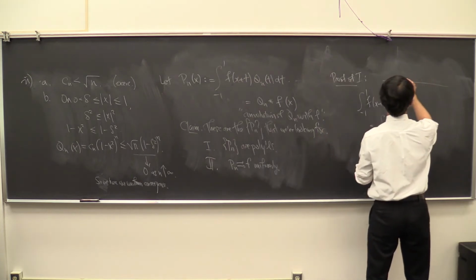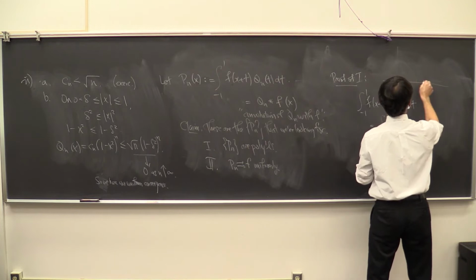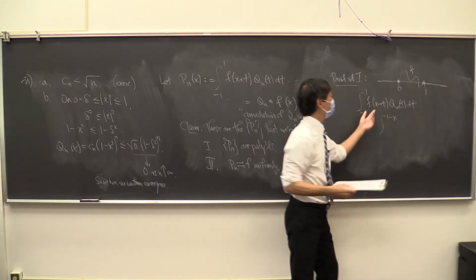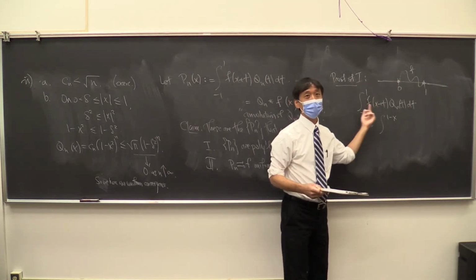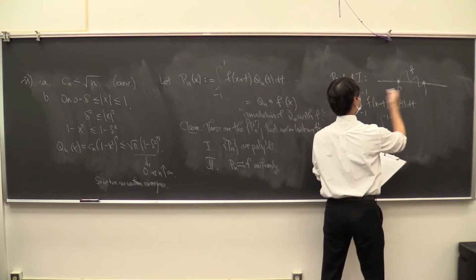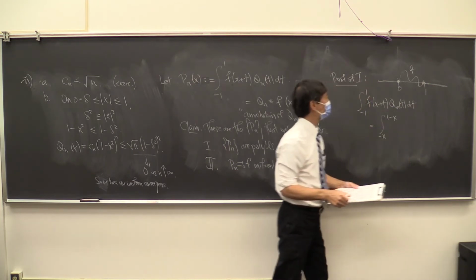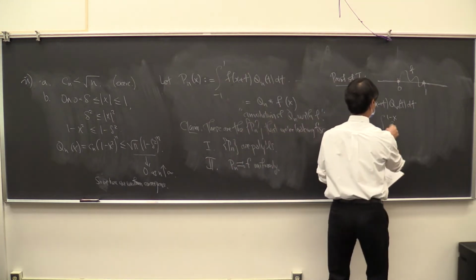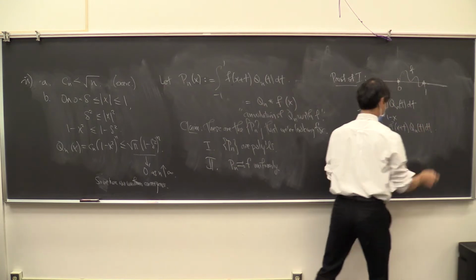Remember, f was this thing between 0 and 1, and it was 0 here and onwards. We had some function f like this. So t only needs to go up to 1 minus x, because past that point it's 0. And similarly, t goes down to negative x. Okay. So we get the integral of f of x plus t, q_n of t, dt.